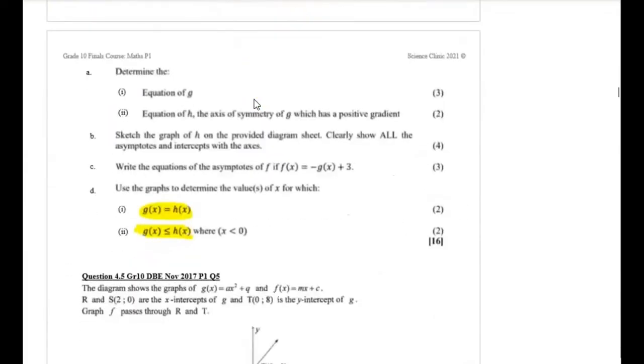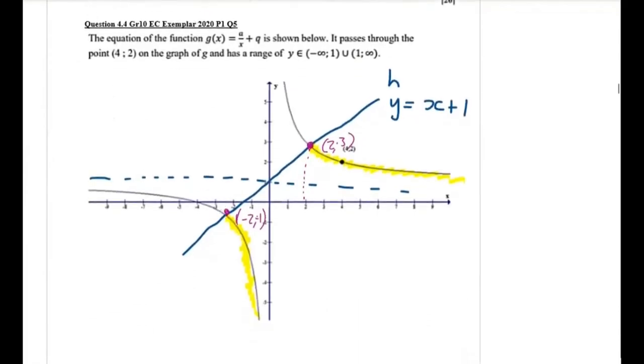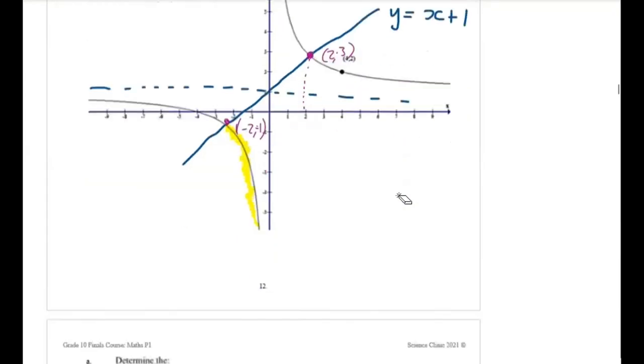They said they want to know this part of it where x is less than 0. So do you see that on the right-hand side here, my x is greater than 0. So they're asking about this section on the left. So I'm going to undo that highlighting.